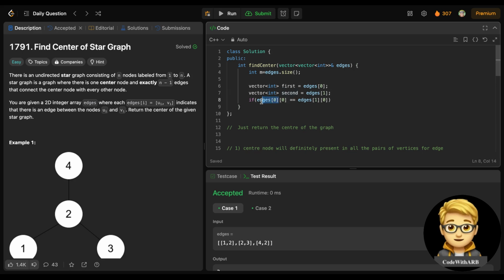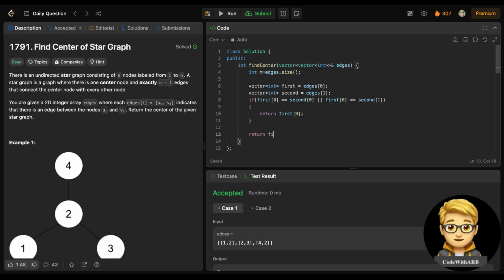Instead of edges 0, I can write first, or instead of edges 1, I can write second. So this is first 0 and this is second 0. And the condition can be equal, first 0 can be equal to second 1. If either this condition is satisfied or this condition is satisfied, in any case, first 0 would be our center node, that would be my answer.